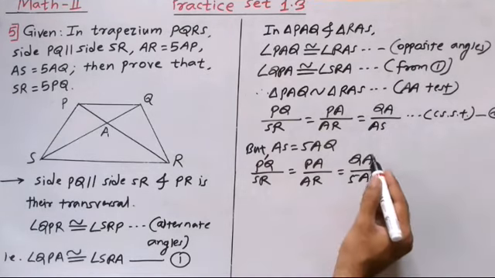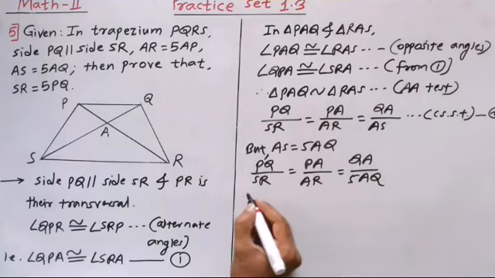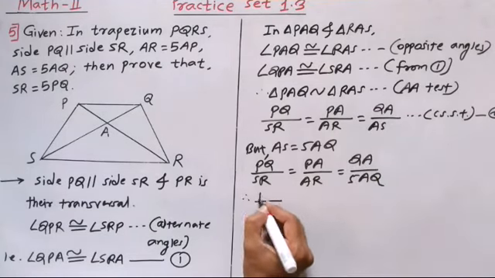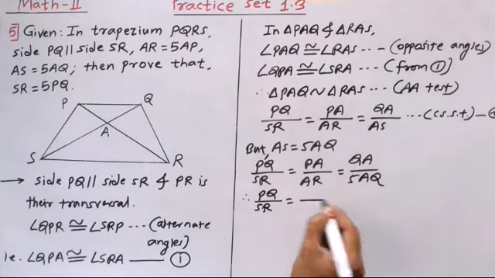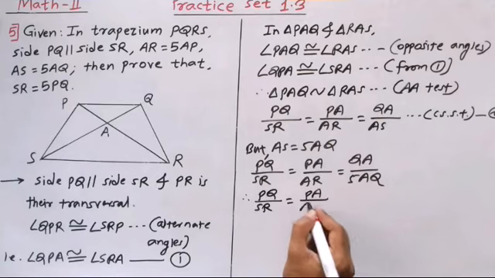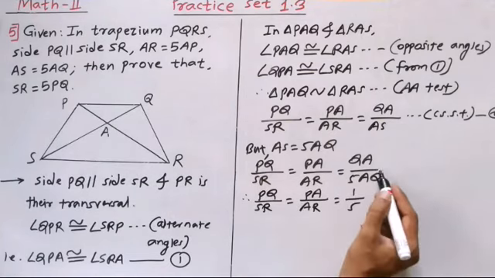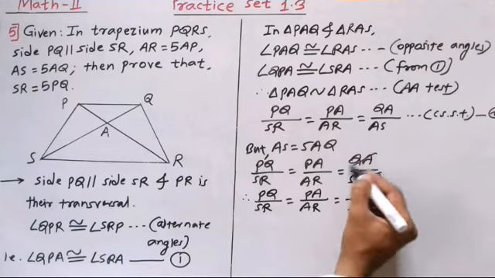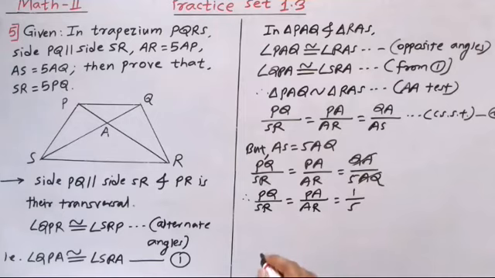Now here AQ will be cancelled, and only 1 upon 5 remains.